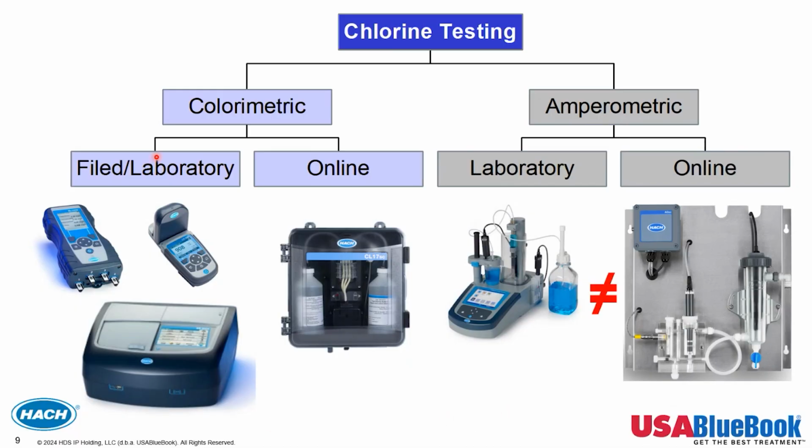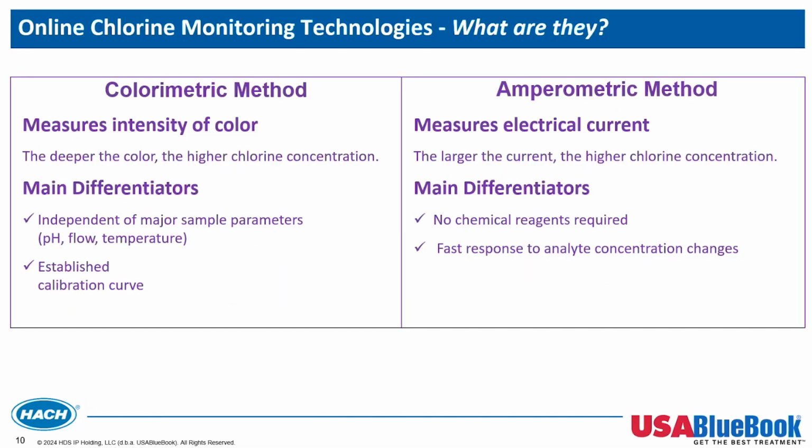If the colorimetric technology is used across the board for field or lab, it's the same technology. For amperometric technology, you cannot say the same. Laboratory amperometric titration does not equal online sensing technology. And now we're going to dive a little deeper into those technologies and talk about what they are.